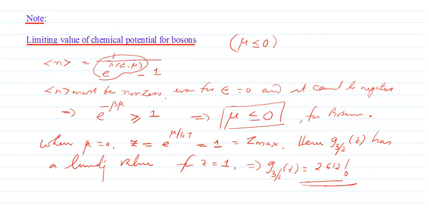And finally, let's show that n0 by n, which was question number 12, is equal to 1 minus T by Tc raised to 3 by 2. This also can be proved.